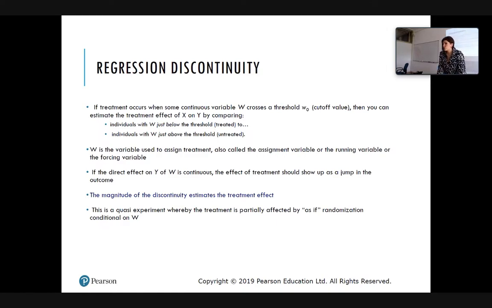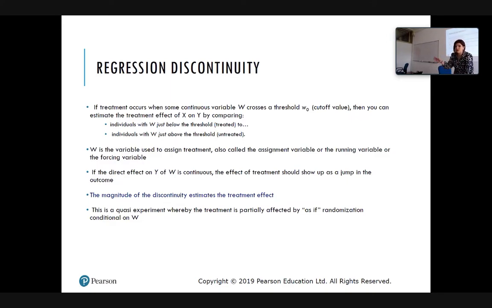Let's assume that I am interested in evaluating the effect of attending a summer school on some grades, okay? And I make this summer school mandatory only for some people. So the summer school is the treatment.